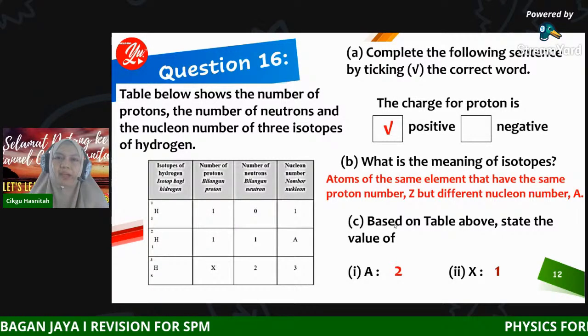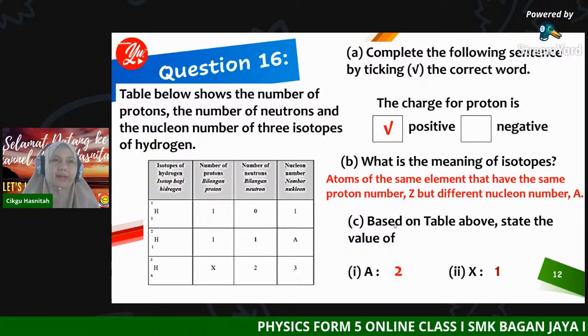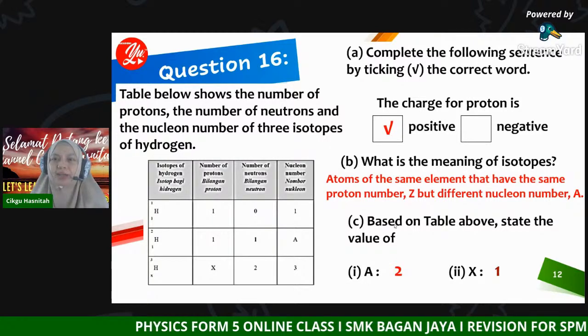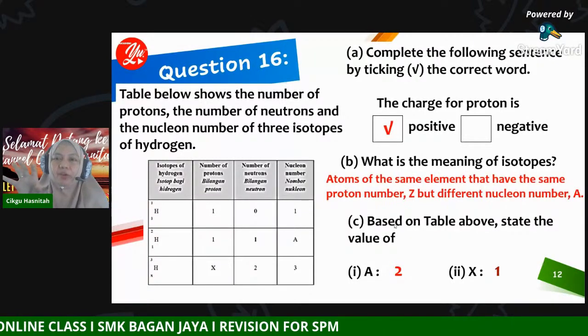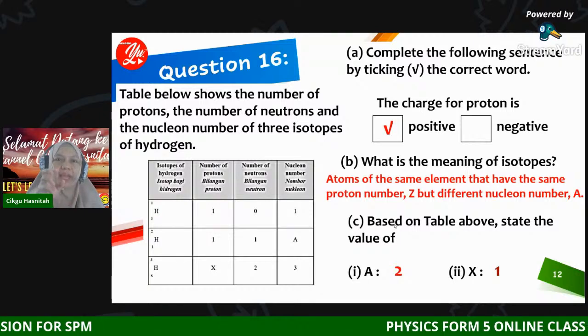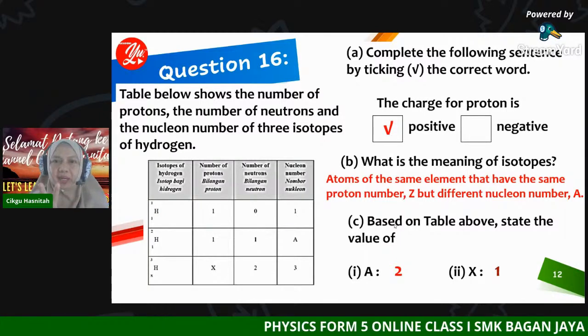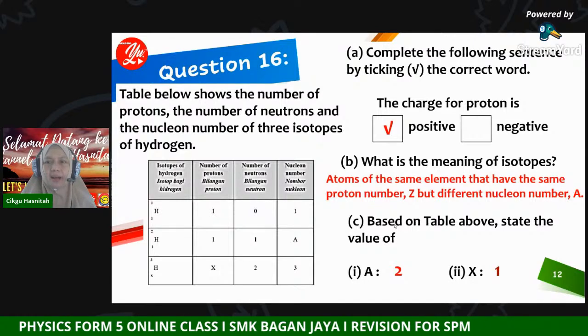Or it can be elements with same proton number but different nucleon number. Okay, so please be clear. Don't forget to write the word element at the front. Okay, element or atom of the same element with the same proton number but different nucleon number.